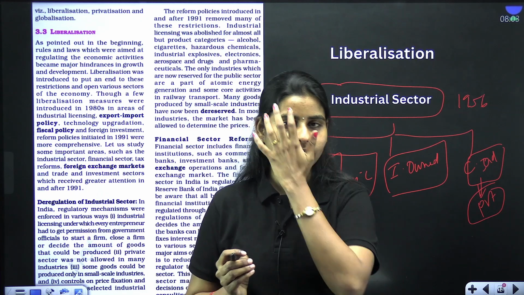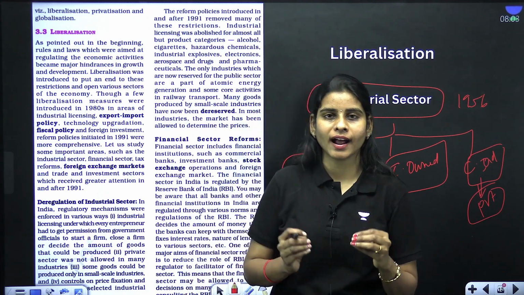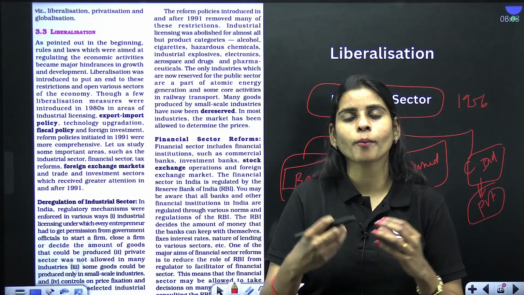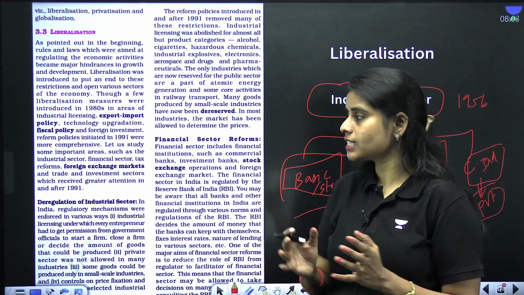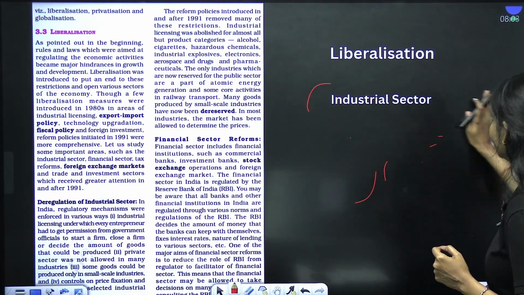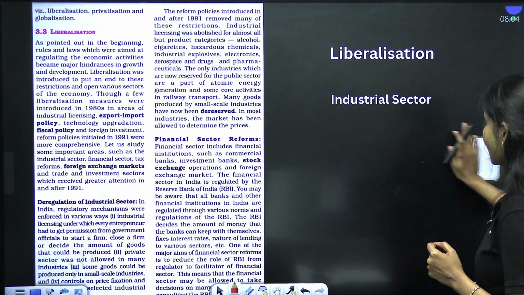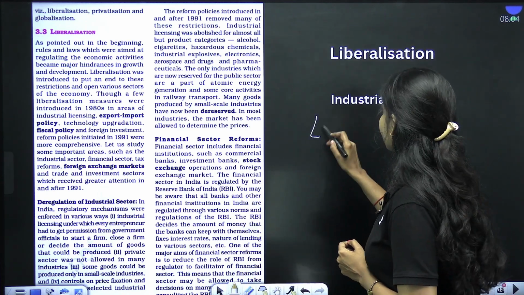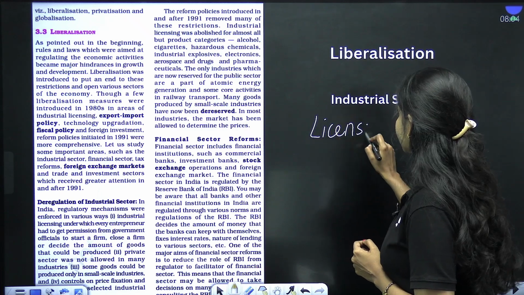So this is not the only thing we had. We also had a very important thing in place that restricted the free operation of the privates, that is the system of licensing. I think every one of us would have been told by even our grandparents that India had the system in place that is called licensing.